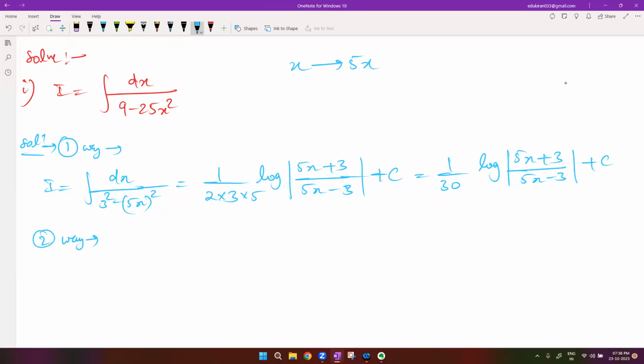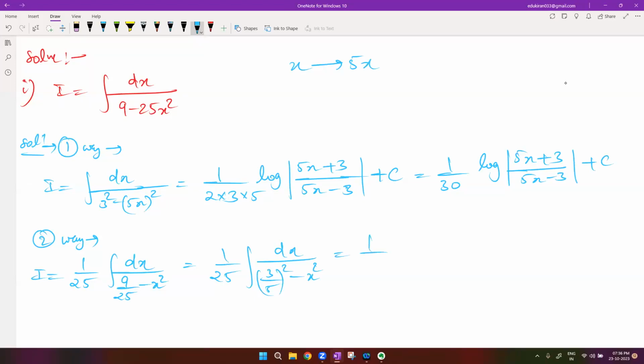Second way is, if we don't know why this 5x is coming, we have a problem with 5x, we only know the formula for x square. Okay, if you want to do it that way, we can do that too. We can take 25 common. This will be dx by (9 upon 25 minus x square), which is 1 by 25 dx upon (3 by 5) whole square minus x whole square, which is nothing but 1 by 25 into 1 by 2a log of a plus x and a minus x.